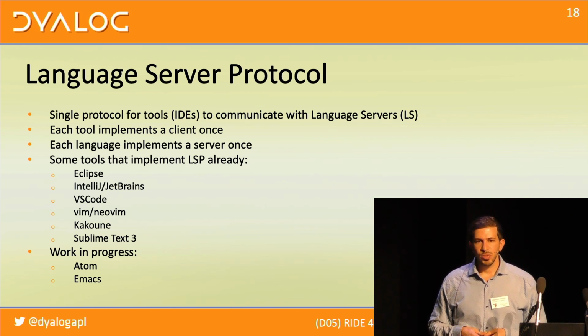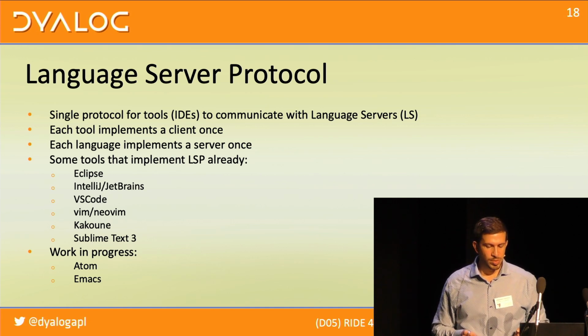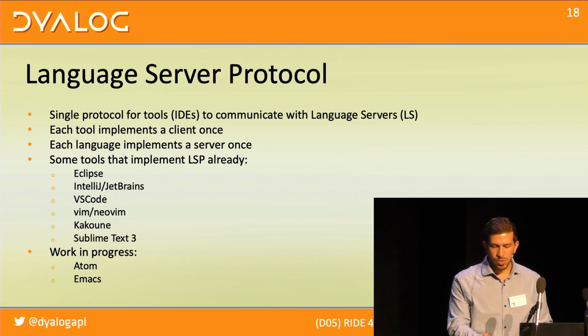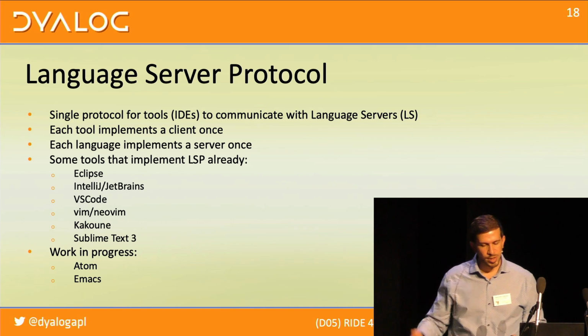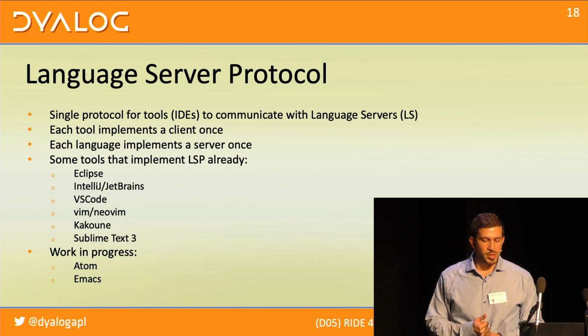The idea being that you can have a many-to-many relationship between IDEs and languages. So in theory, we'd only need to implement the language server once for APL, and then you could consume the services and features from any of the tools that implement the client.